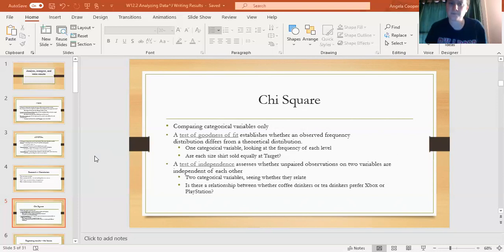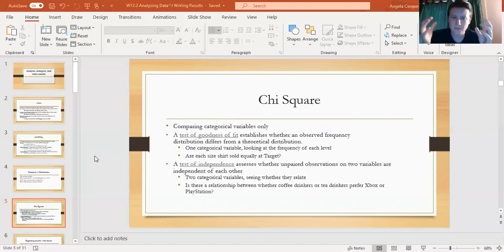So let's say we're trying to see if there's a relationship between people who drink coffee or people who drink tea. A categorical variable, again, you're either a tea drinker or a coffee drinker. You can't be a little bit of both in terms of how we're going to categorize this data.